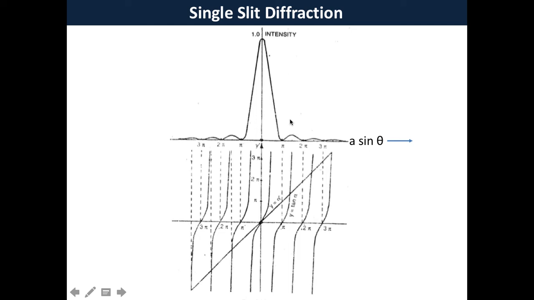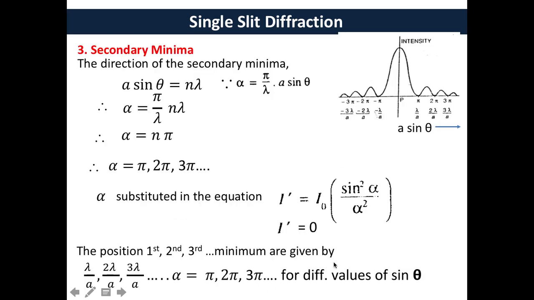Similarly on the other side you will get plus 3 pi by 2, 5 pi by 2, and 7 pi by 2. The third one is the secondary minima.